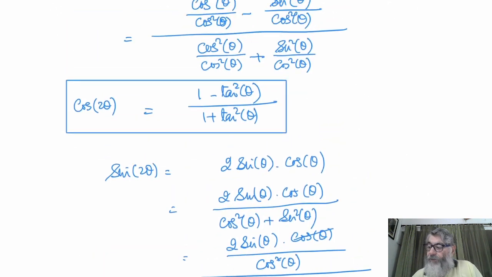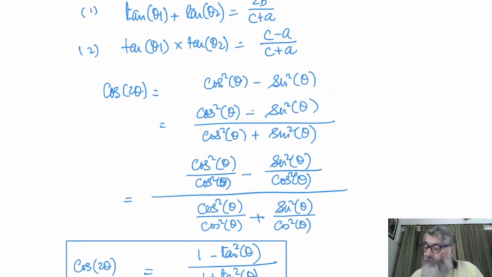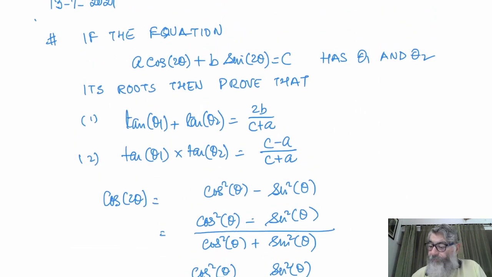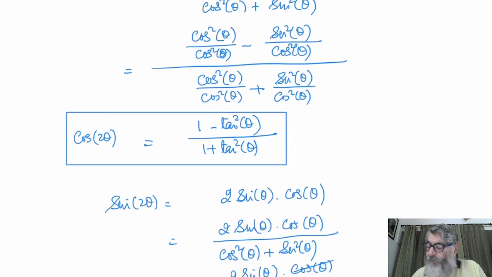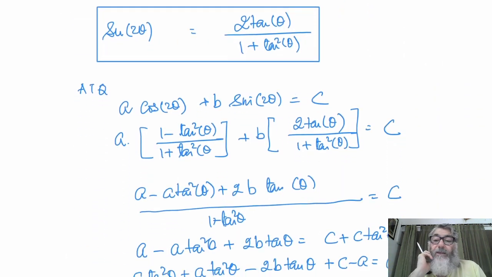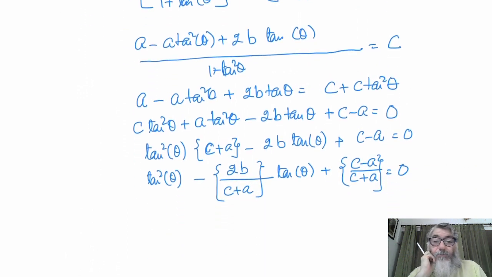If theta 1 and theta 2 are roots, then prove that tan theta 1 plus tan theta 2 is equal to this. Now this is an expression in terms of tan theta 1 and tan theta 2. Suppose tan theta 1 and tan theta 2 are its roots. Then what will be the sum?